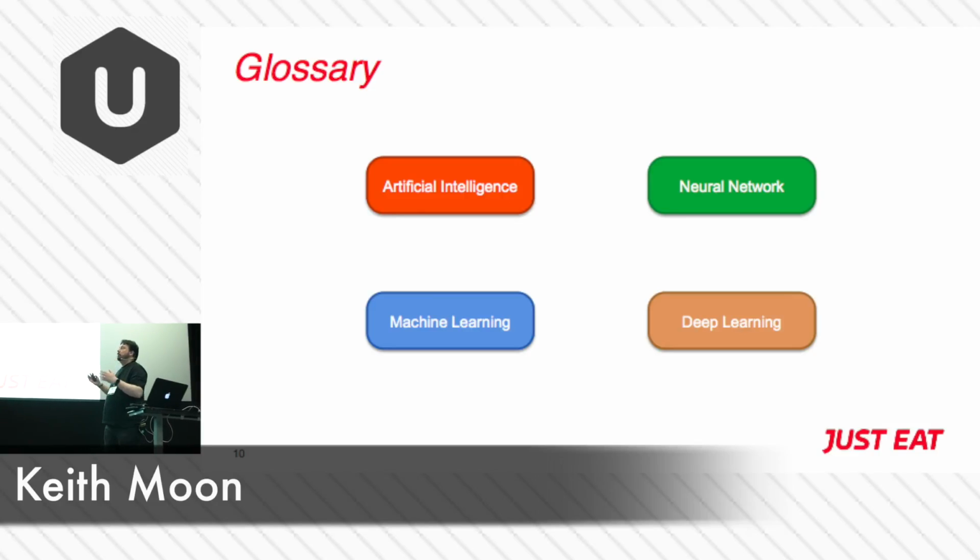Okay, so at a very broad level, this is the setup we have when we're trying to solve a problem using machine learning. We have a set of training input, which is a whole load of data where we have the data and we also have the bucket or the category that it should go in. We then feed that into a neural network. The neural network learns how these pieces of data fit into these buckets.